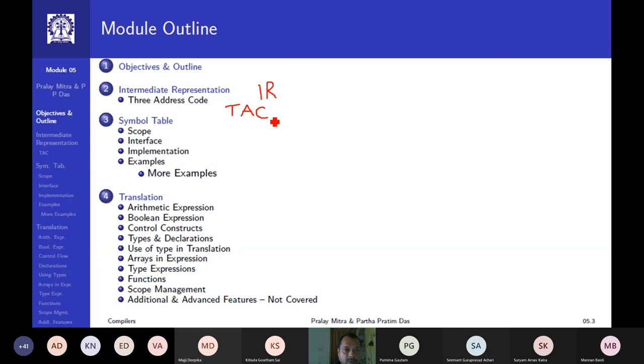Then I will discuss in detail the symbol table with more examples, and then we will move on to translation. A lot of different translations are there: arithmetic, Boolean, control, types and declarations, use of type in translation, arrays in expression, type expression, function, scope management, and some additional stuff that we are planning to cover.